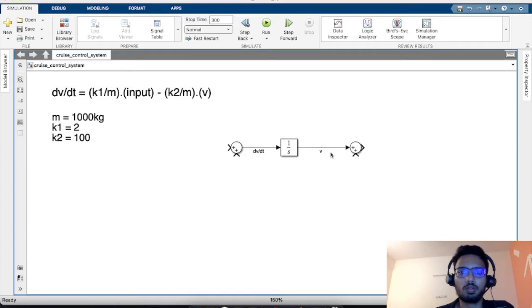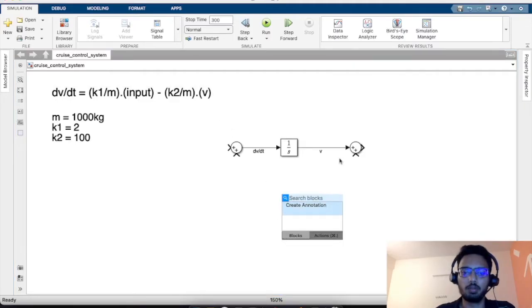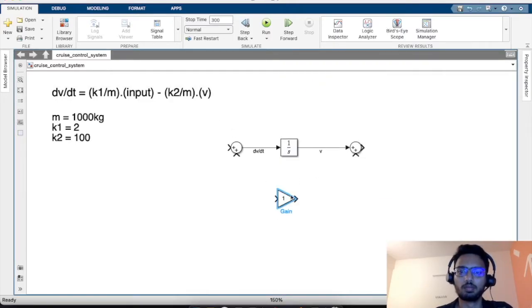So this signal is coming here with a gain of K2 by m, so we need a gain block. This will have a gain of K2 by m.